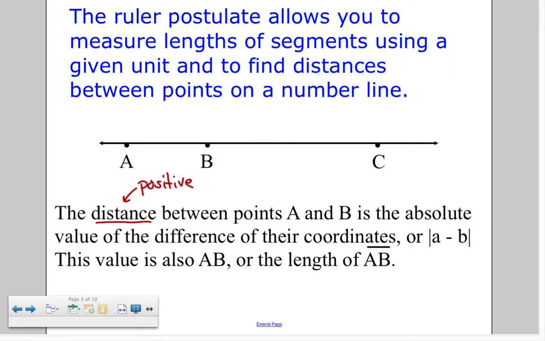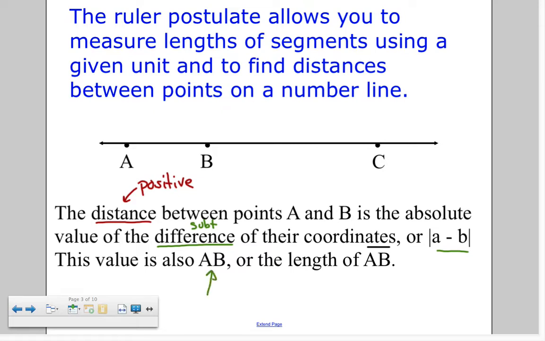So we take the absolute value to make sure that it is positive. The absolute value of the difference, and difference means subtraction, of their coordinates. So if I'm finding the distance between A and B, I would find their difference, subtract A minus B inside, and then take the absolute value. This value is also known as AB.